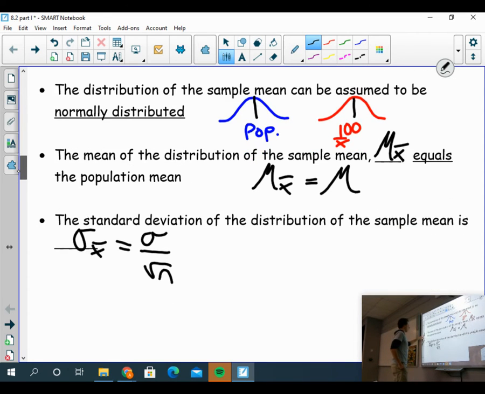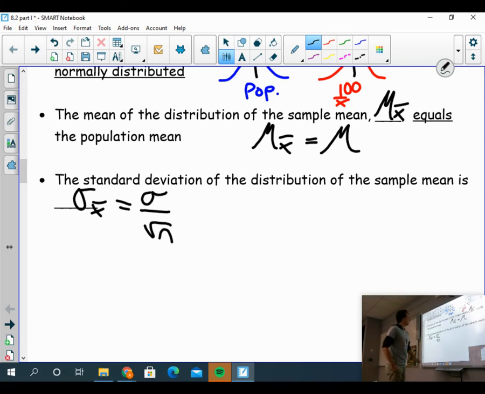Our third consequence, the standard deviation of the distribution of sample means is sigma of x bar equals sigma over the square root of n. What this means is if I have those 100 sample means and I take the standard deviation of those 100 sample means, my standard deviation will equal the population standard deviation divided by the square root of n.